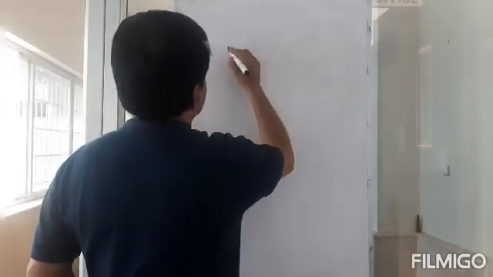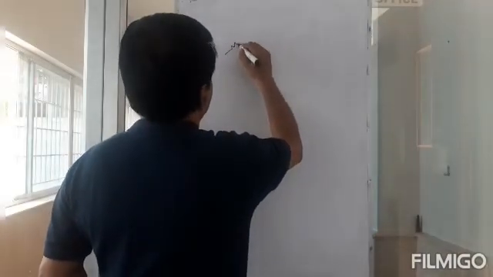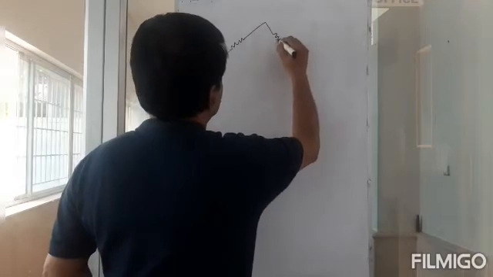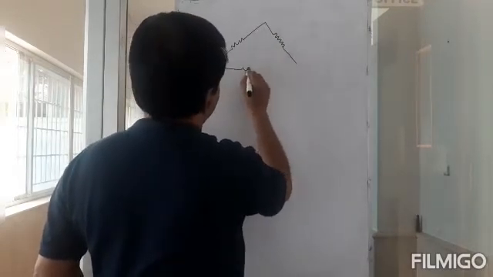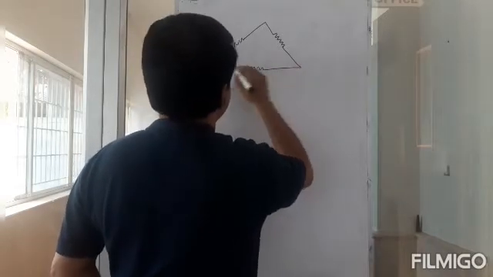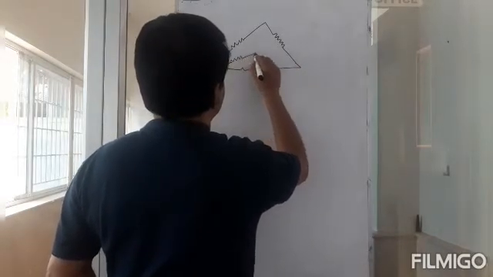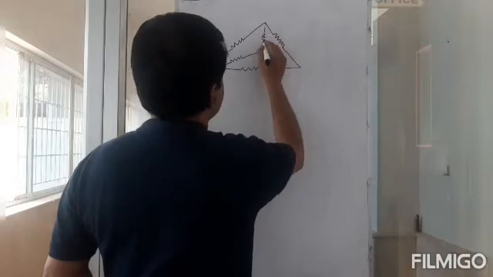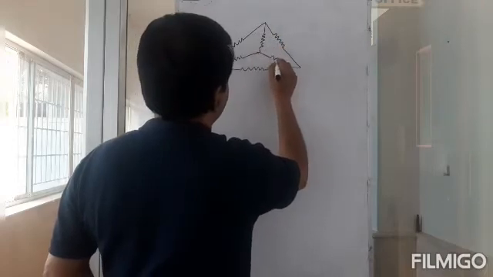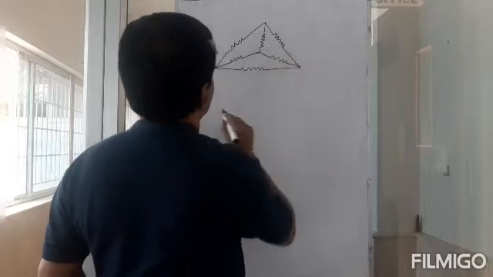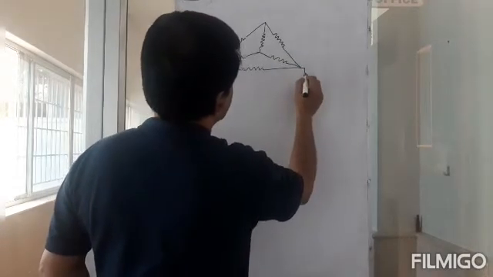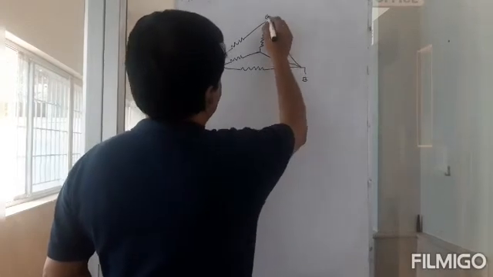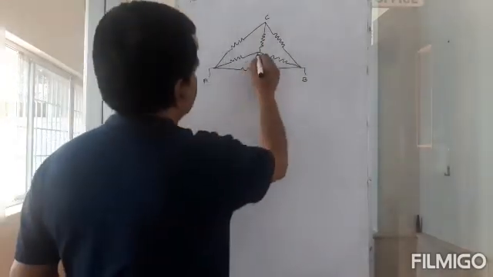I have this kind of an arrangement. So this is point A, this is point B, let's say this is point C, and this is point D.